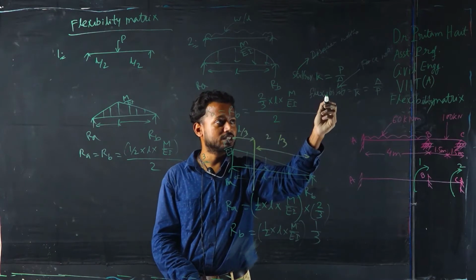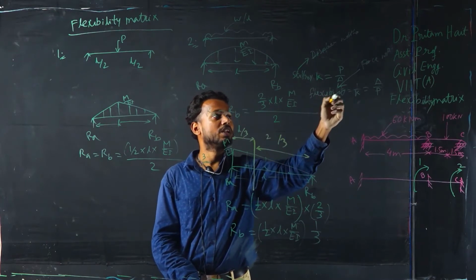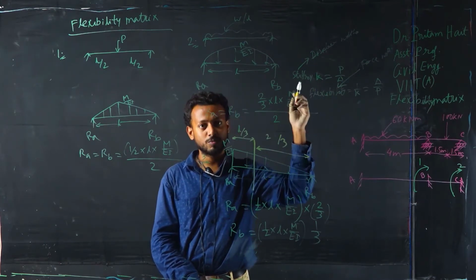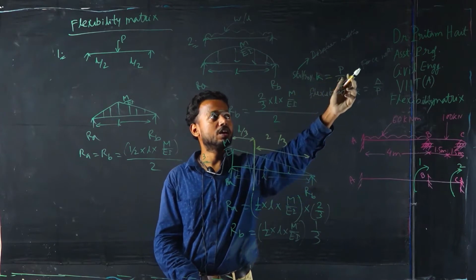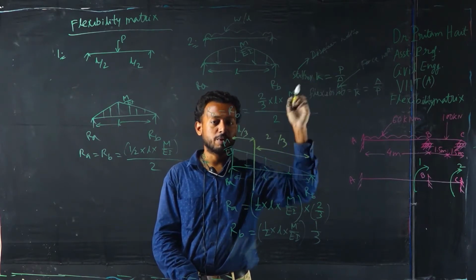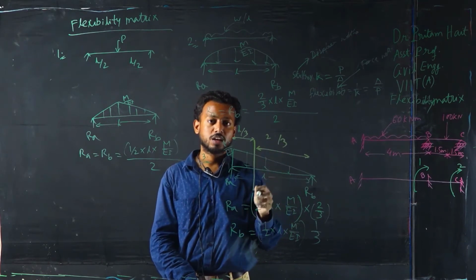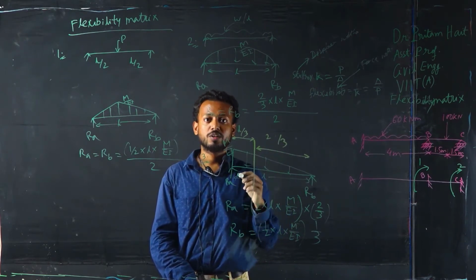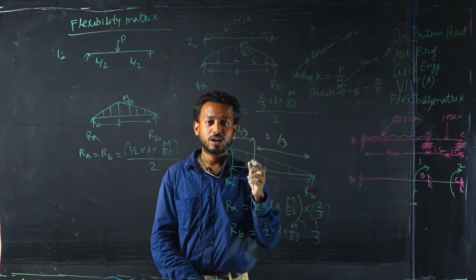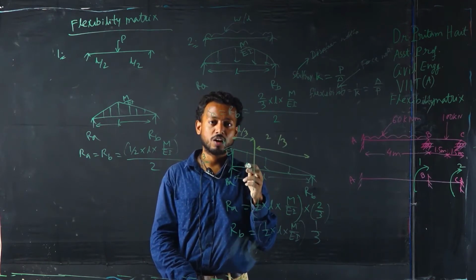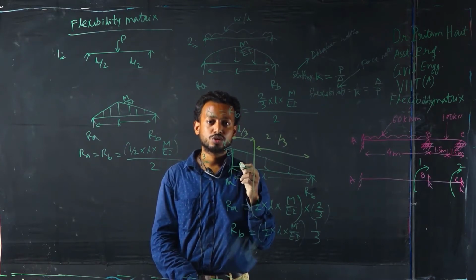In flexibility matrix we deal with the force, we are more interested to determine the forces in various members. Okay. So before explaining the flexibility matrix, I would like to explain what is conjugate beam method and how you can find out the reaction using conjugate beam method.